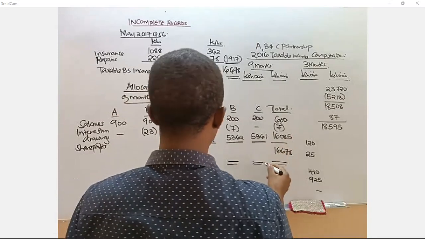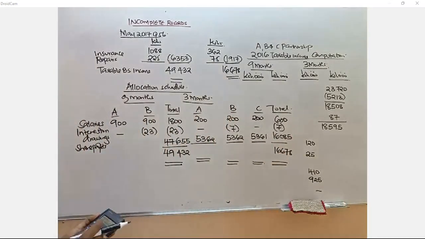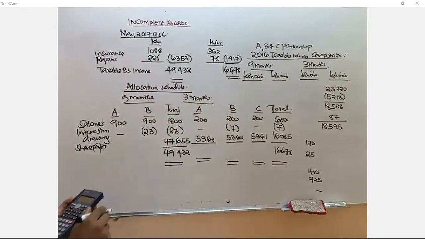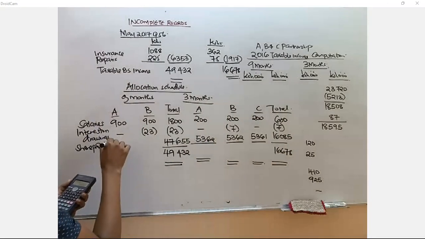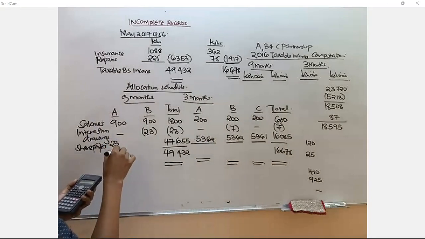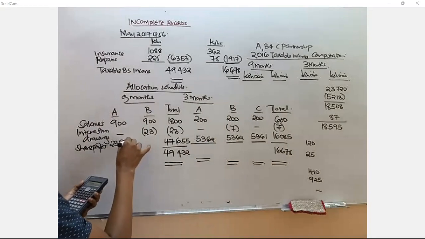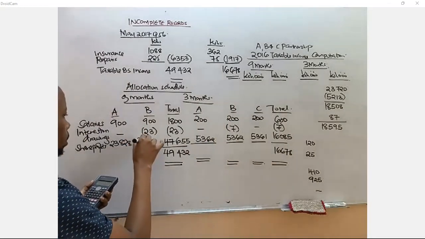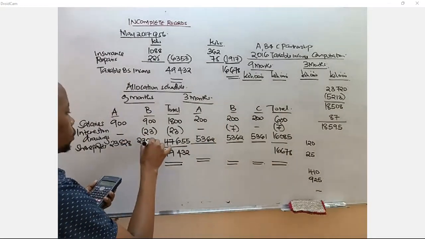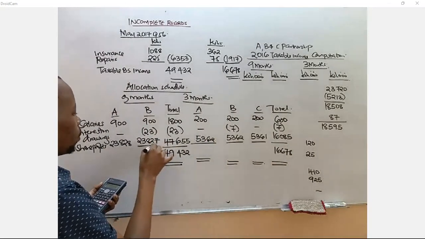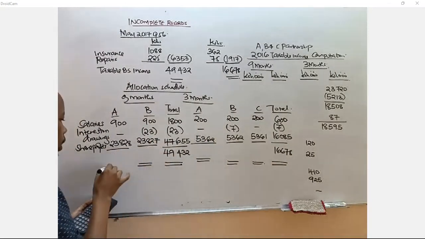Then when we come to 9 months, we are talking about 47,655 divided by 2, which is about 23,827.5. So how much is this? What is the total?